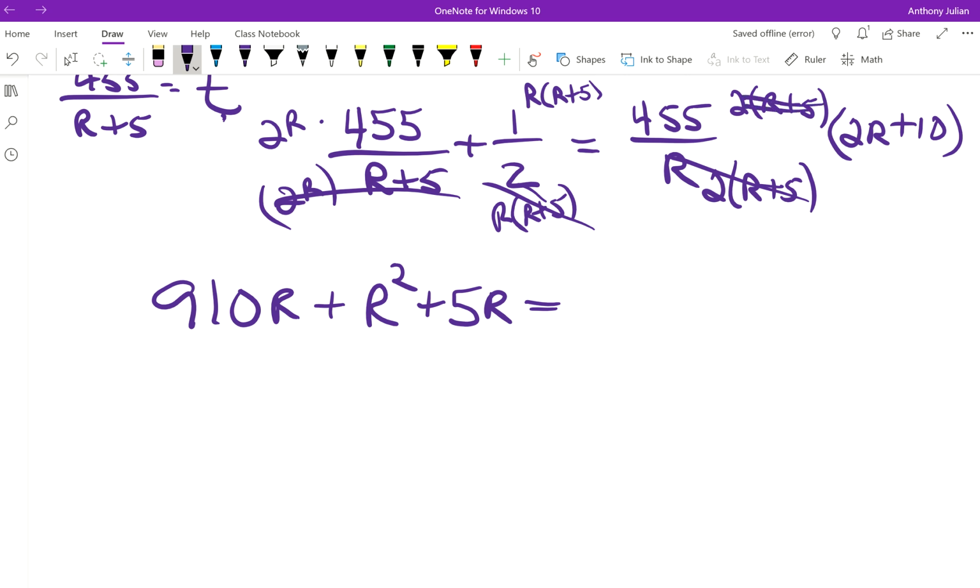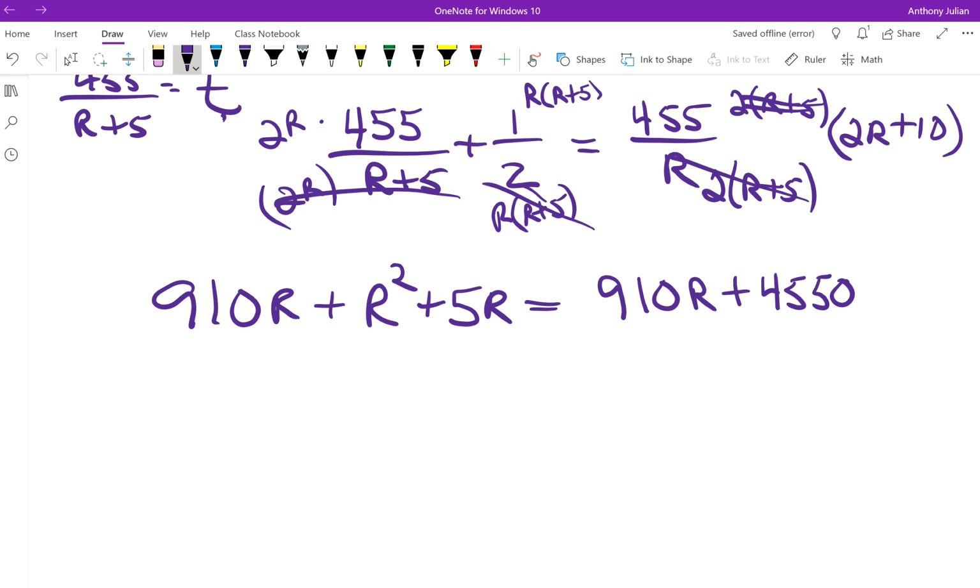So this is gone, and now I've got 455 times 2r plus 10. So that's going to be 455 times 2r is 910r plus 455 times 10, I'm just going to add a 0 onto the 455: 4550. And that's my equation thus far.